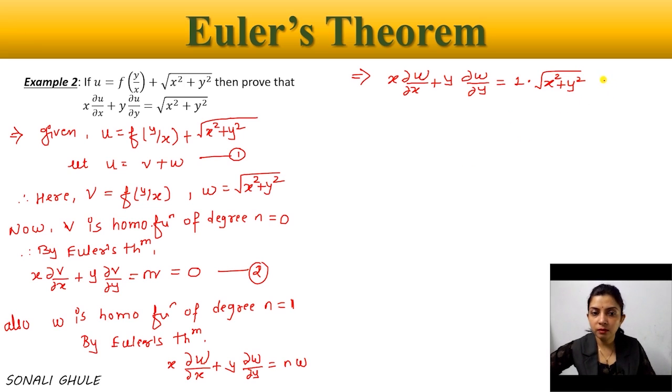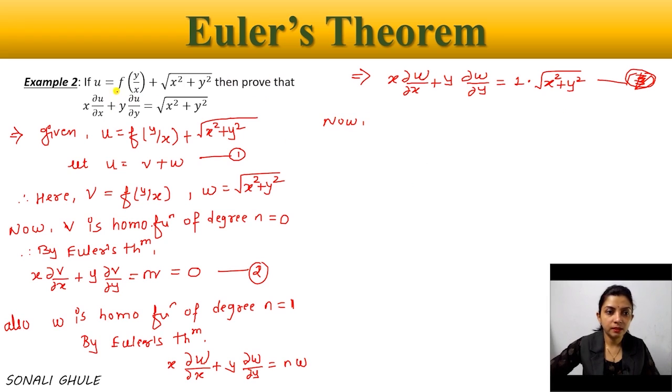So let's say this is equation 3. Now what we have to prove: you can take this as our left hand side and this as our right hand side. So now we are going to solve our left hand side. Consider the left hand side from the proof.